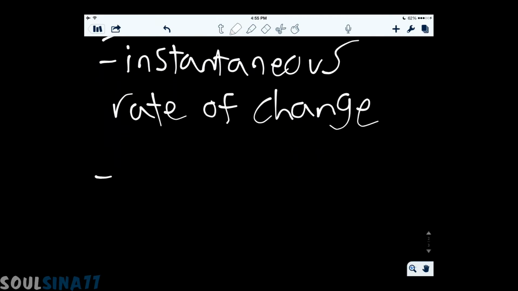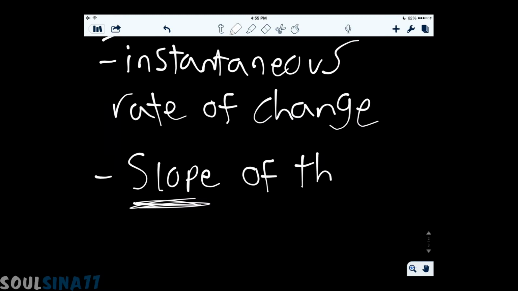Another way is the slope. There's that keyword slope that we were just talking about. Obviously, it has something to do with derivatives. The slope of the tangent line.